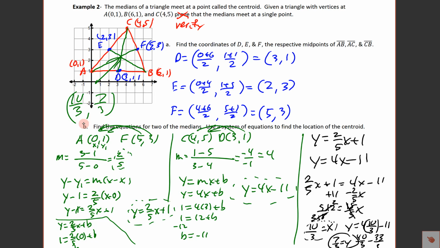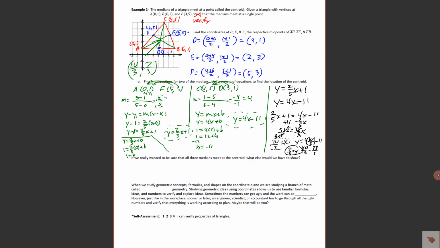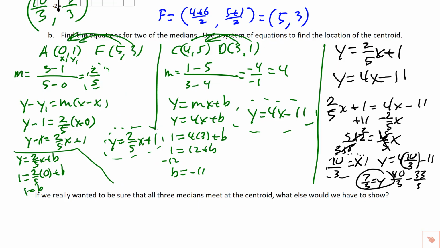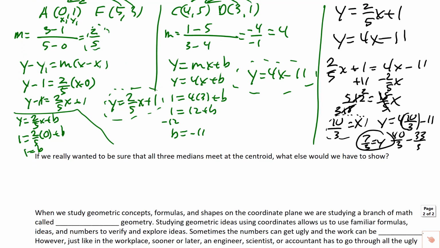Now, at the end of this, and I thought about this morning when I was reviewing this, if you really wanted to be sure that all of those medians intersected at the centroid, what would we want to do? Yeah. Find the third equation, and then we wouldn't have to solve for it. All we'd have to do is check and make sure that that coordinate, 10/3, comma 7/3, actually works when we plug it in. That's all we'd have to do to verify all that.